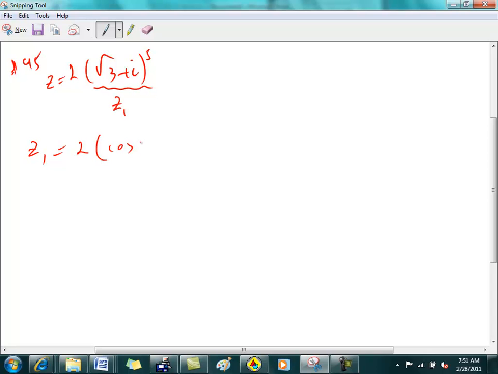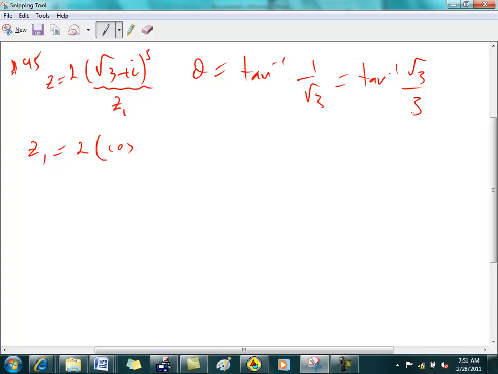Wait a minute. Theta is equal to tangent inverse of 1 over root 3, which is tangent inverse of root 3 over 3. Am I smoking again? Isn't that 60 degrees? 60 is pi over 3, dude.